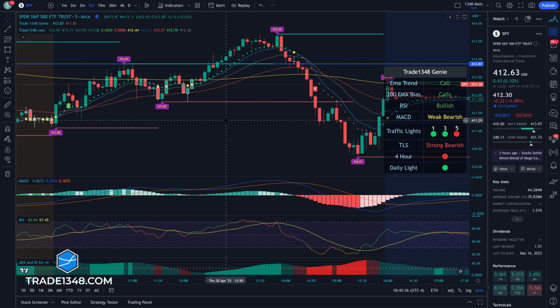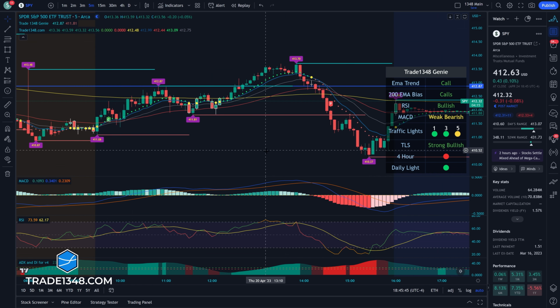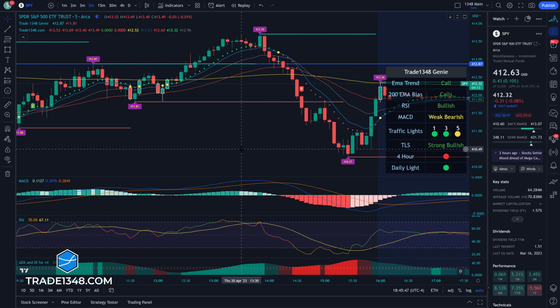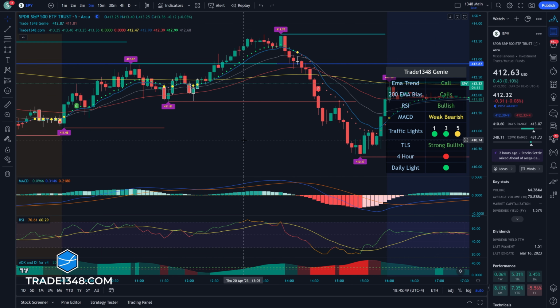Now, there are other things you can do that would help you to better understand what's happening within these candles. And this is the only time where I would say you can go to another time frame to take a peek at what's happening here.